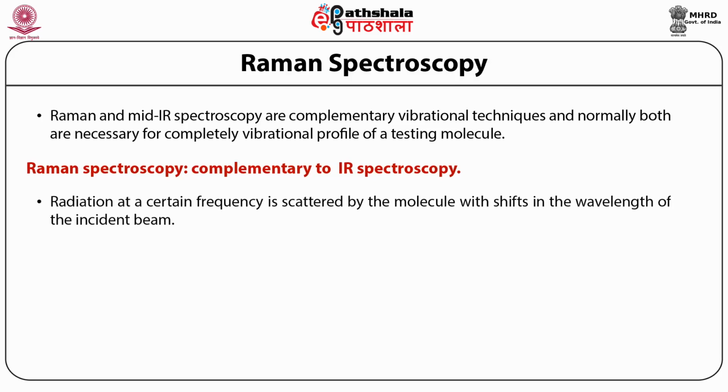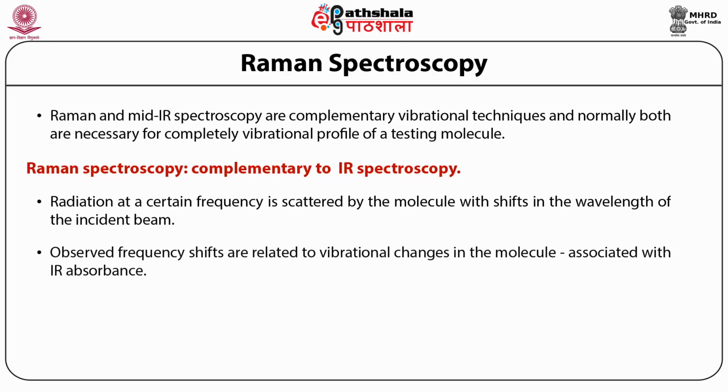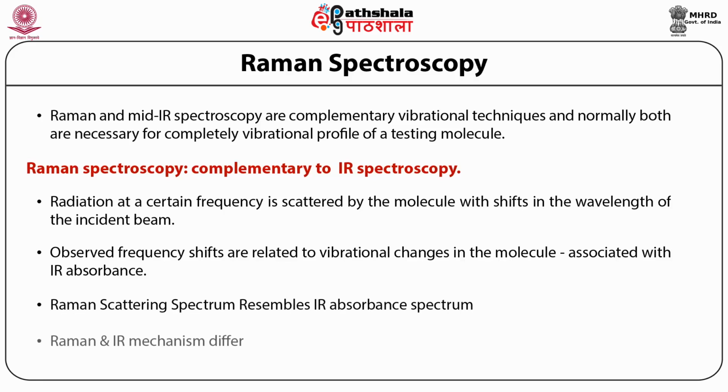Radiation at a certain frequency is scattered by the molecule with shifts in the wavelength of the incident beam. The observed frequency shifts are related to vibrational changes in the molecule, which is associated with IR absorbance. Raman scattering spectrum resembles IR absorbance spectrum. Raman and IR mechanisms, however, differ.